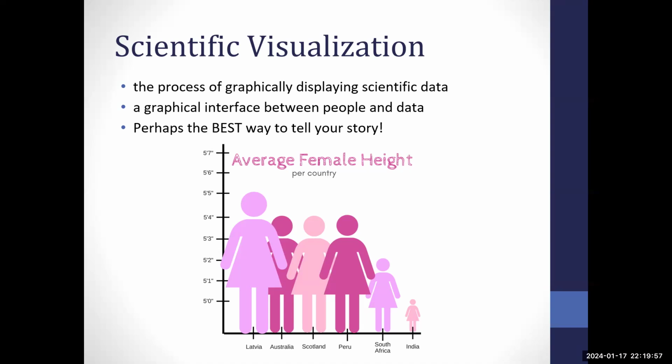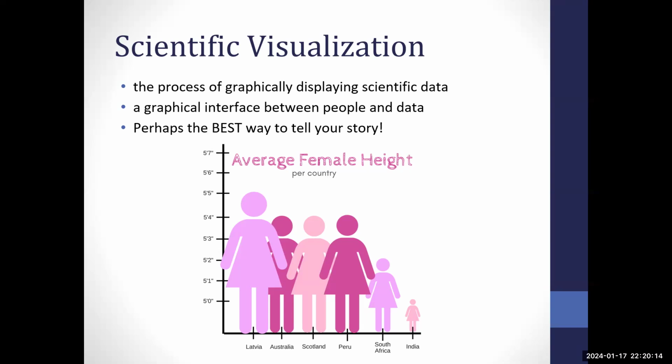It's really important to be able to do this because, as they say, a picture is worth 1,000 words. And that's true, especially when we're trying to get information across about the studies that we've learned about or the studies that we've done ourselves.